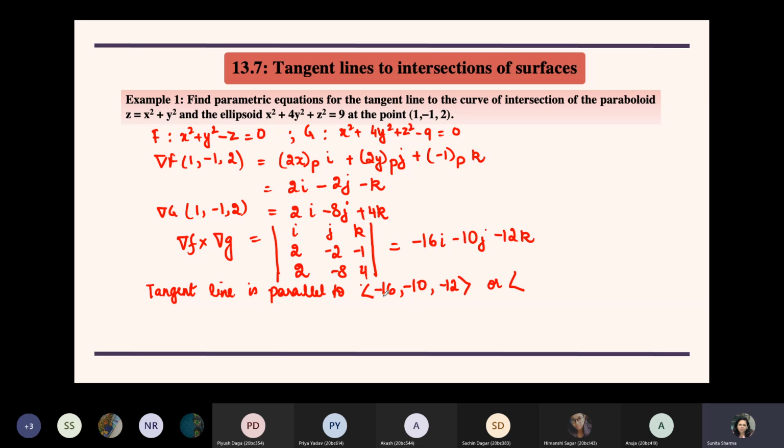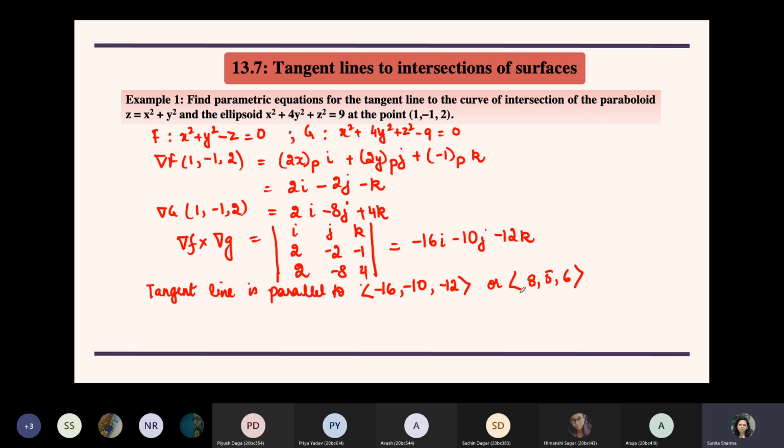What I'll do is divide these components throughout by -2. You know that you can get infinitely many vectors that are parallel to each other. What I have done is divided each component by -2, which is a common factor for each of these numbers.